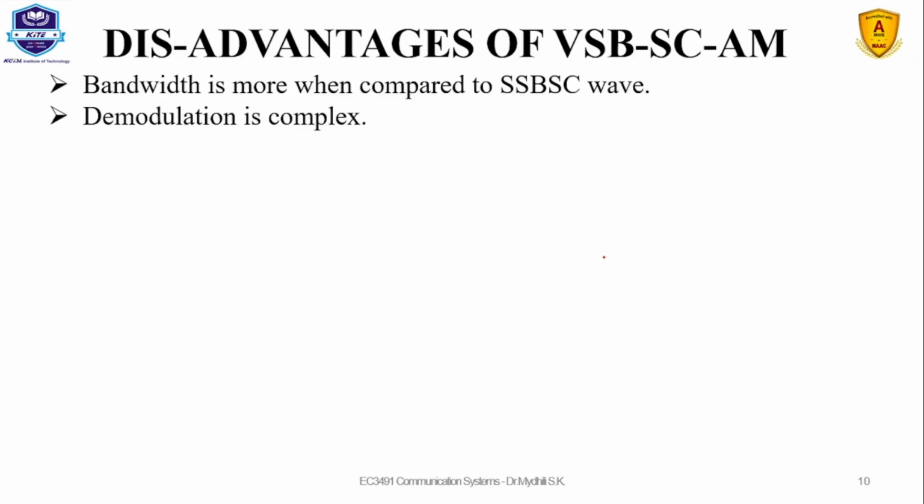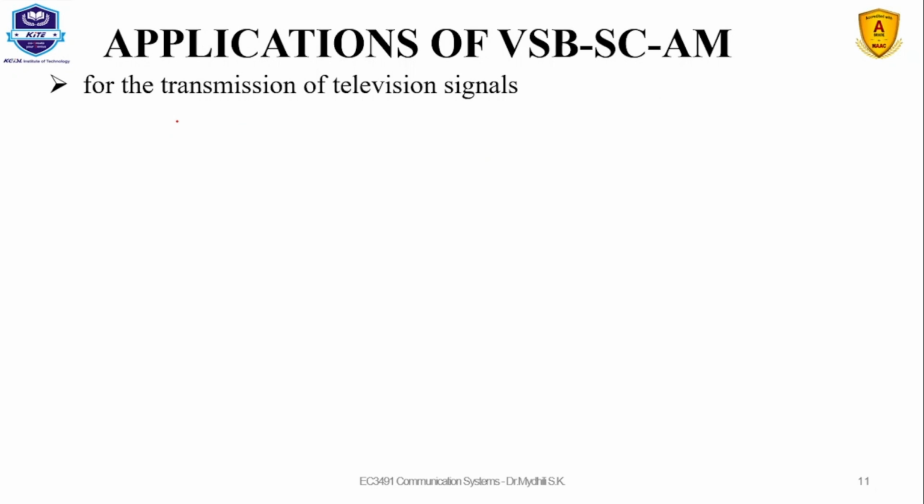The disadvantages include that the bandwidth is greater when compared to SSB-SC AM, because the cut is not precise at the vestige, and demodulation is very complex in vestigial sideband. Coming to the application, as I said, it is widely used in TV signals.